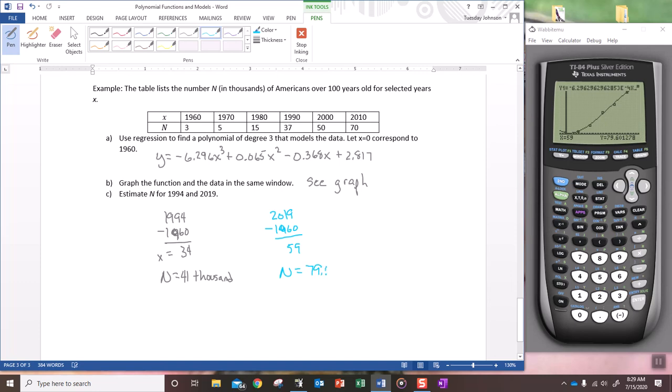Let's call it 79.6 thousand people over the age of 100 last year in America, according to the estimate. Notice that 2019 is outside of the range. This is an extrapolation. Whereas the value of 1994 is in the data set, so this is interpolation.